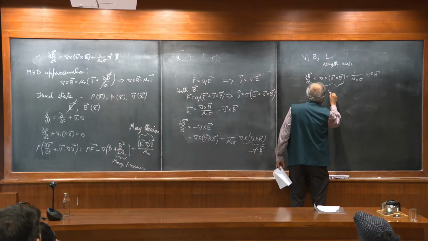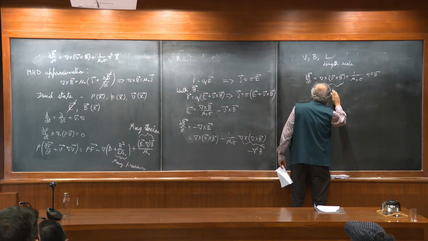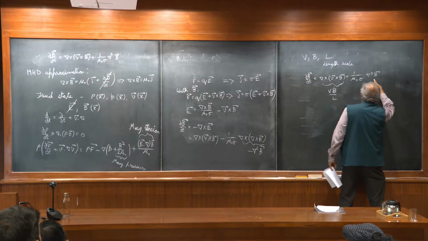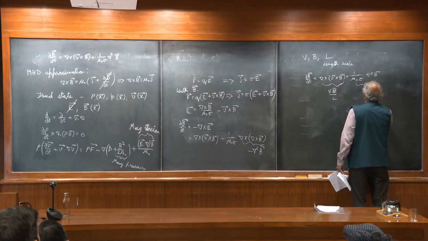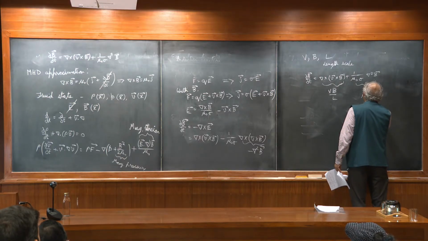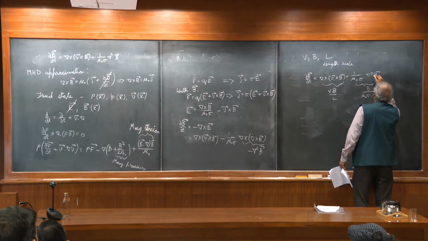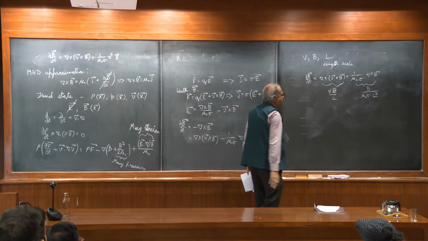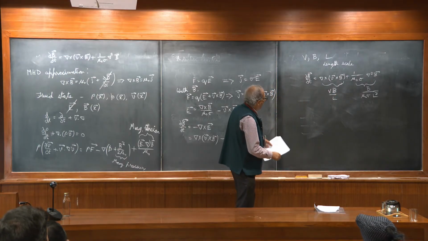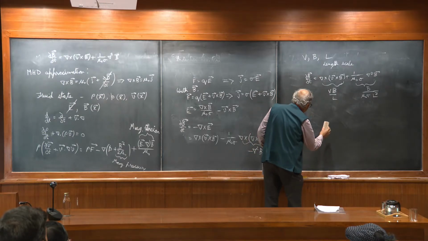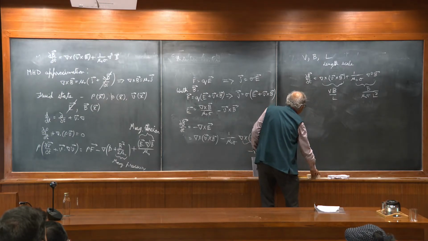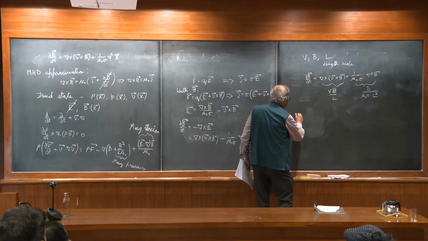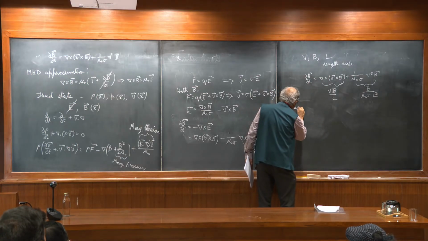So this is going to be of the order of VB by L, and this other term, which is a double spatial derivative, is going to be of the order of B by mu 0 sigma L squared. We take L squared here, and if we take a ratio of these, then we get a dimensionless number which is known as the magnetic Reynolds number, which I introduced in the last lecture. Now you see how it comes.